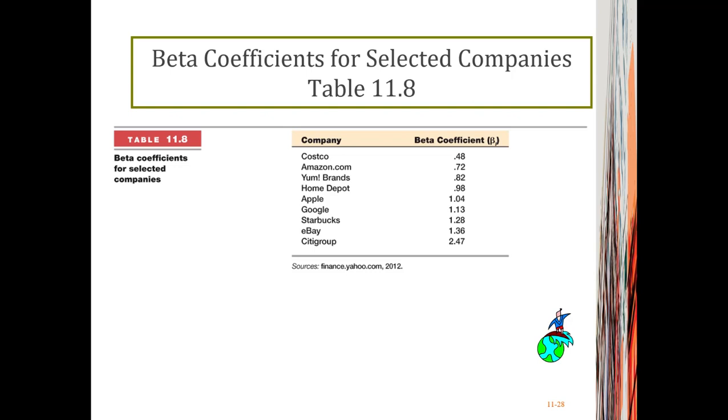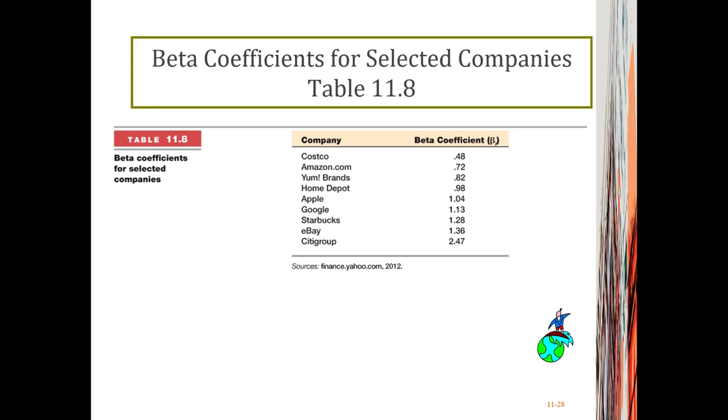Others may have higher than market average systematic risk. And in this table, you see there are four stocks that are less risky than market average. They are Costco, Amazon.com, Yum Brands, and the Home Depot, because the betas here are less than 1.